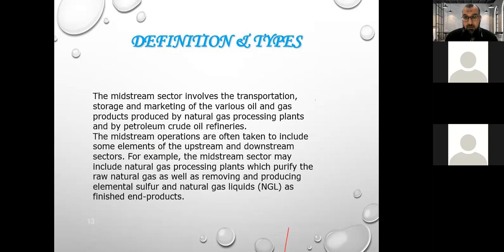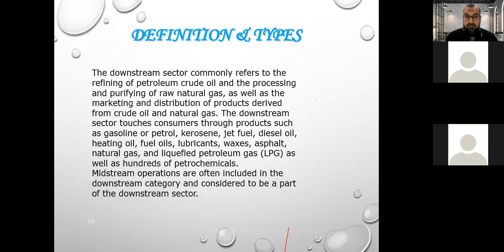From the crude oil. This is the midstream. And as I said, the downstream sector is the refining process, the refinery, all the manufacturing processes and all other LNG plants and LPG plants and everything that's required to produce refined products like kerosene, jet fuel, diesel oil, etc. So this is all the downstream sector.